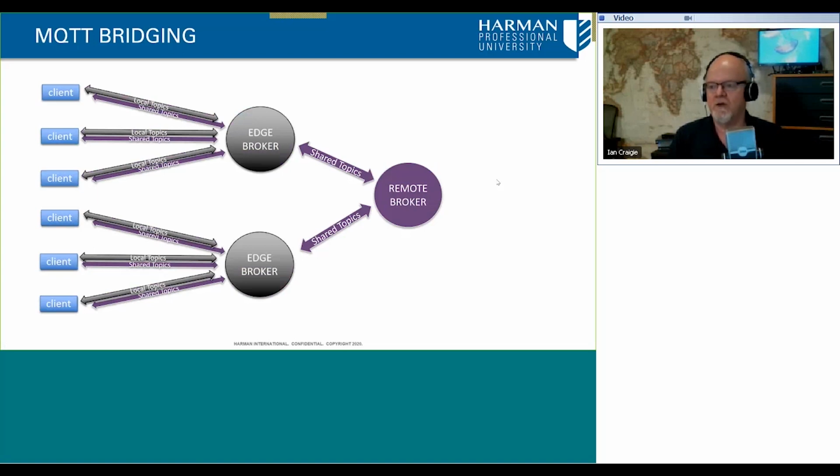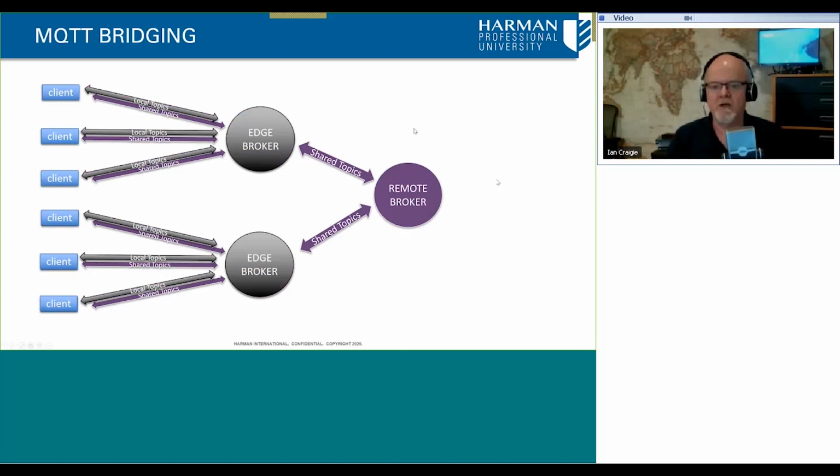So if there was a requirement to have some shared topics between these two edge systems, we don't necessarily have to pass all of the data universally. We can set up this bridging effect. We can forward only that small subset of shared topics across to that remote centralized broker.